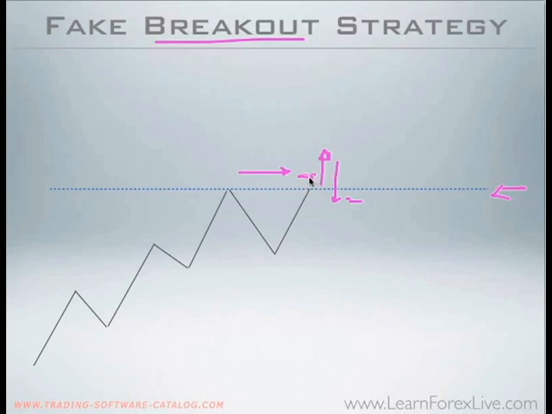However, when I was buying 10 lots here, I was creating buying pressure. I went to the market and said, hey guys, I want to buy 10 lots. I was actively creating buying pressure in the market. However, as I get out of the trade, my stop loss is hit, I switch my buying pressure into selling pressure.